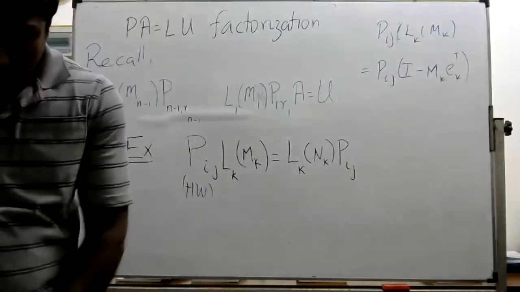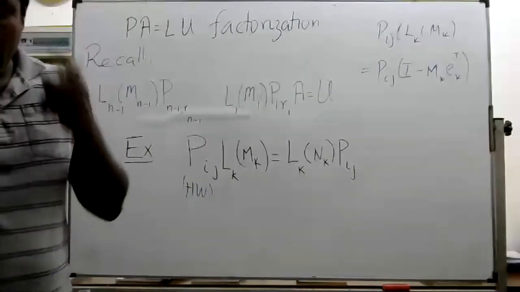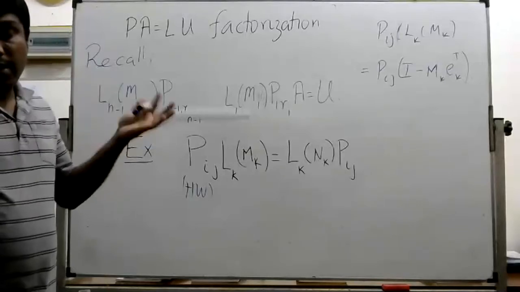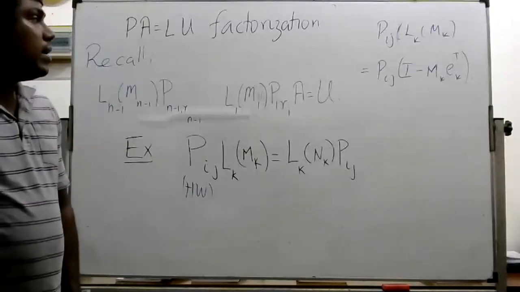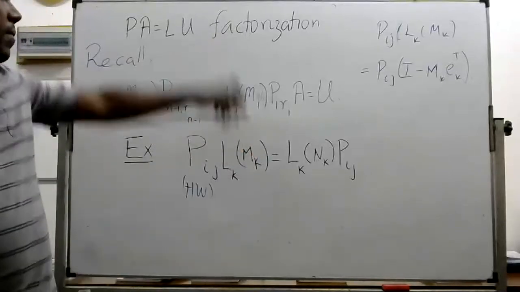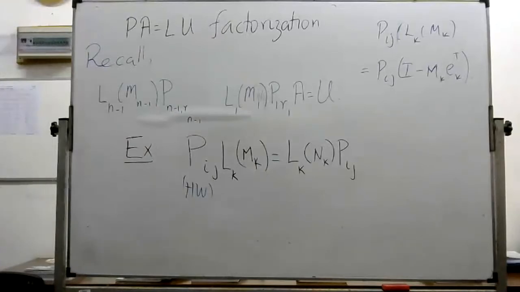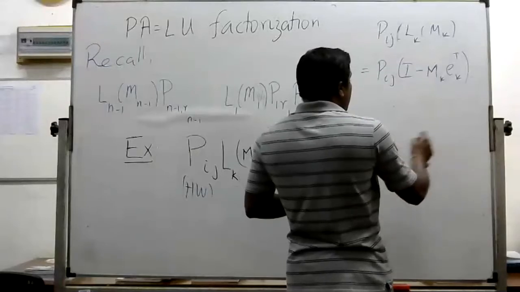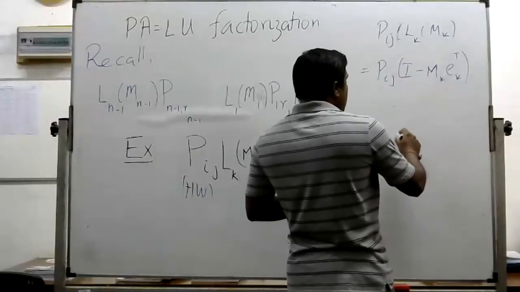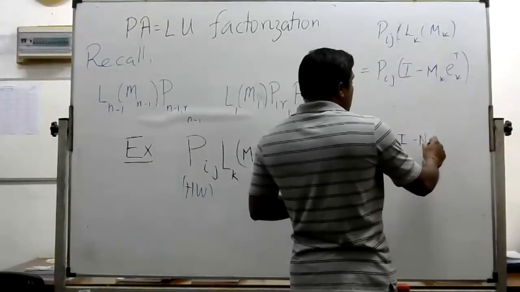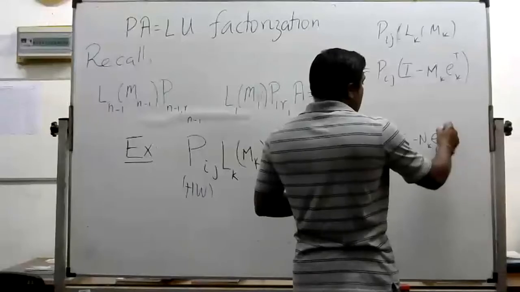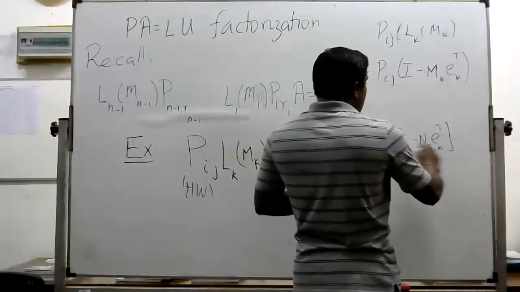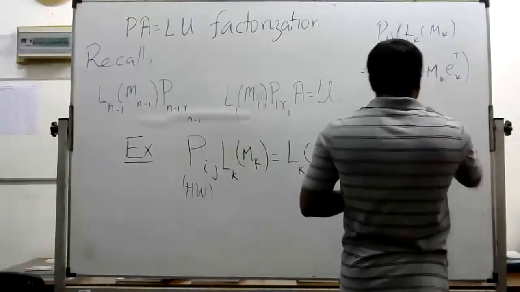At the very beginning, I defined the elementary lower triangular matrix Li as I minus Mi Ei transpose. So here we have Mk Ek. Now you have to work it out and see whether this can be written as I minus Nk Ek transpose times Pij.